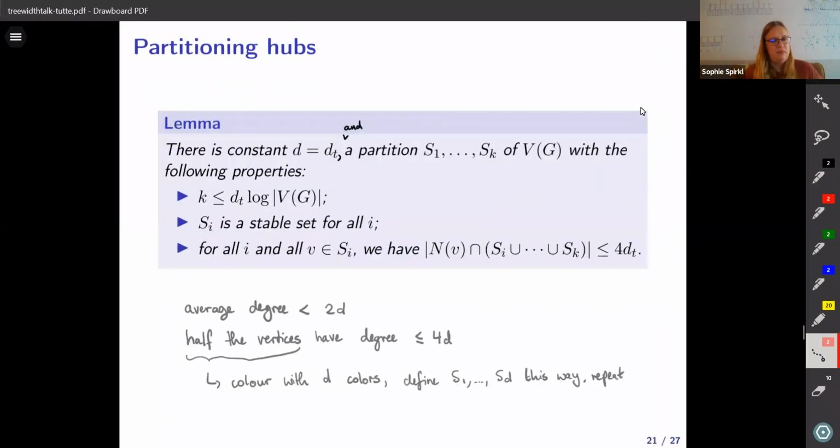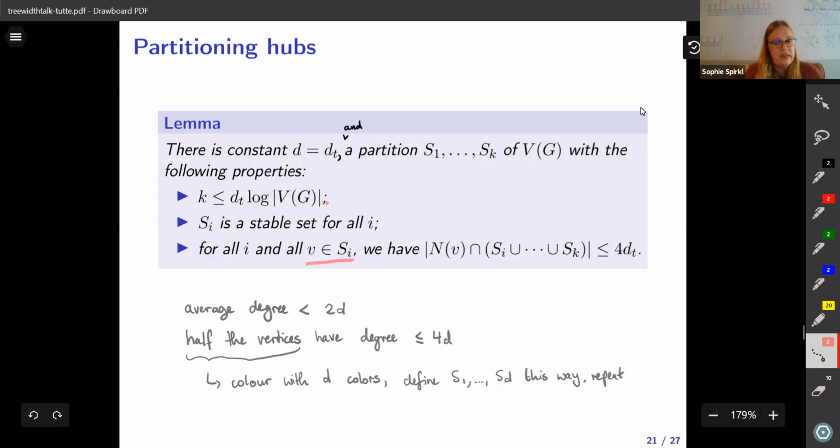And this works. If your graph has bounded average degree, then half the vertices have degree not much bigger than the average degree, so put them in one set. And then in what's left over, do it again. This gives you a logarithmic number of sets.